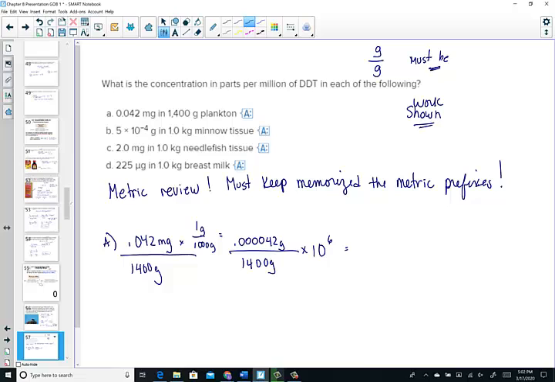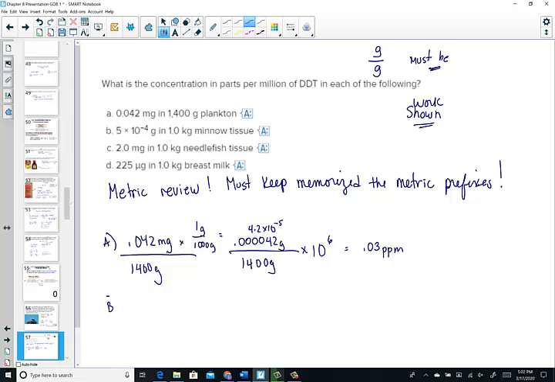So 4.2 times 10 to the -5th is the same as saying 0.000042. Divide that by 1,400 and multiply that by 1,000,000. That's 1 with 6 zeros. And you get 0.03 parts per million.